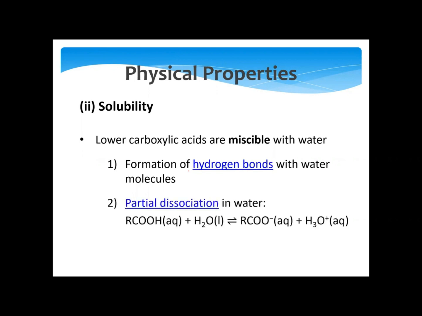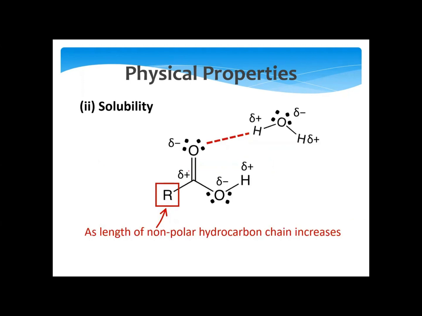Carboxylic acid can also partially dissociate in water according to this equation. But take note that there is a non-polar hydrocarbon chain. The non-polar hydrocarbon chain cannot form favorable interactions with water molecules. So it's only the COOH part of the molecule that can form hydrogen bonds with the water molecules.